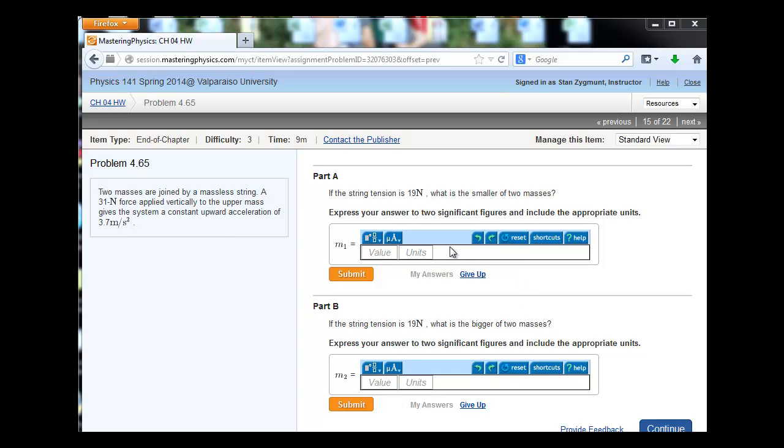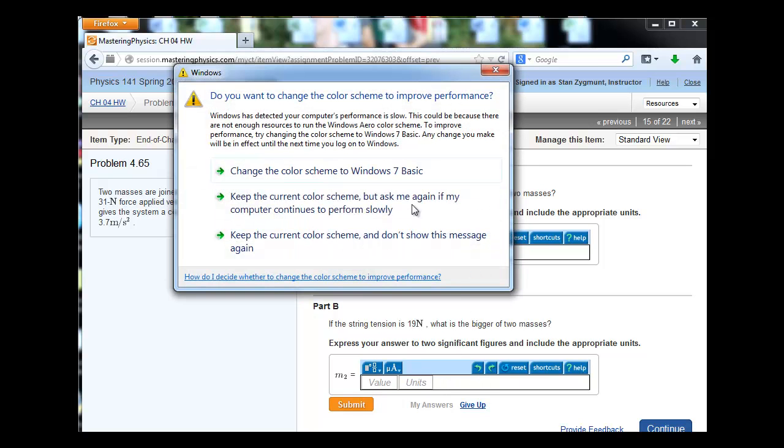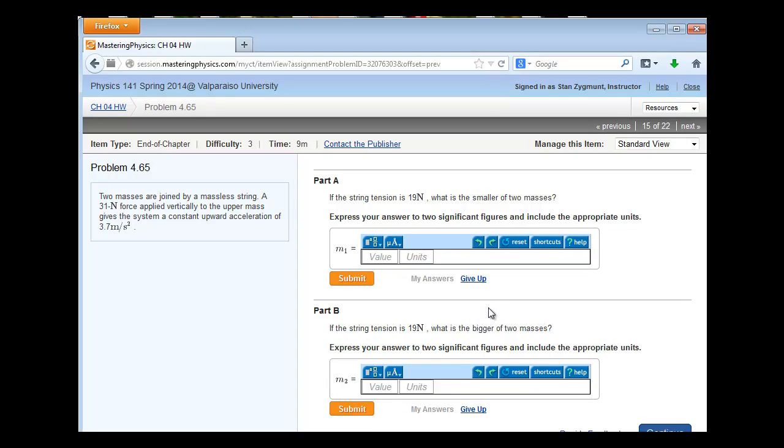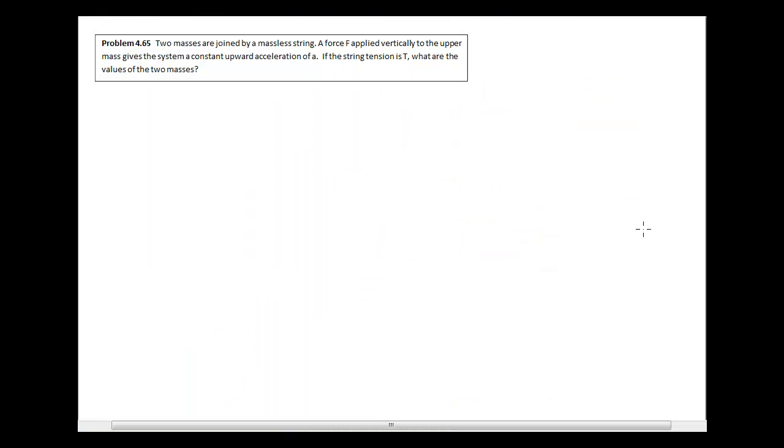It's just that we enter the smaller one in part A and the larger one in part B. So that's the problem, and next I'll show you how to set it up using the problem-solving steps for applying Newton's laws to motion problems, just like this.